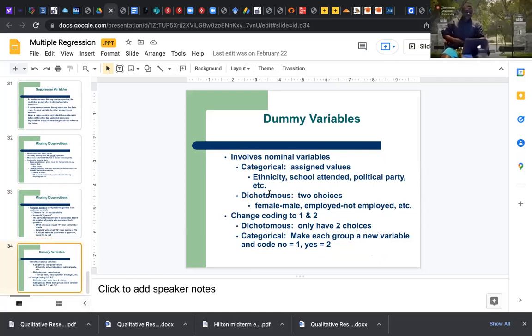So if you have two choices, like male and female, you might use 1 for male, 2 for female, whichever way you want to do it. So you have to do the coding. For the categorical variable, make sure each group of the new variable you code, use 1 and 2. So you code dichotomous variables 1 and 2, and be consistent in doing so.